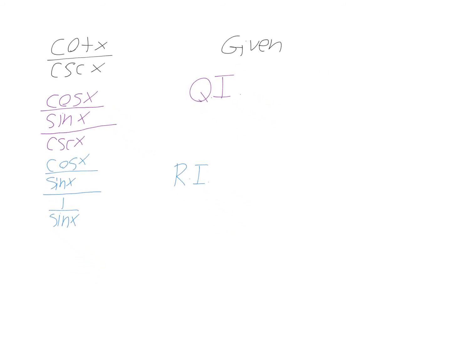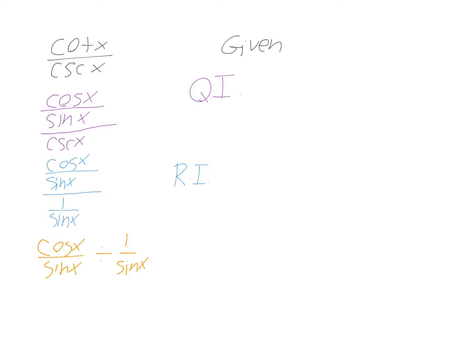Now, I've created a situation where I have two fractions being divided by each other. I can then use my division of fraction rule to change the order of this equation to cosine of x over sine of x divided by 1 over sine of x.